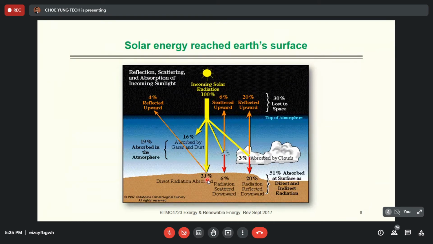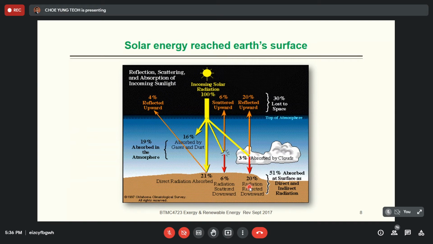And for the photovoltaic panel, for a stationary photovoltaic panel, we gain from all of it, because whatever comes from any direction, I just put it there, whatever hits the solar panel, I receive it and generate electricity. But in some cases, my solar panel is moving, a sun-tracking solar panel.